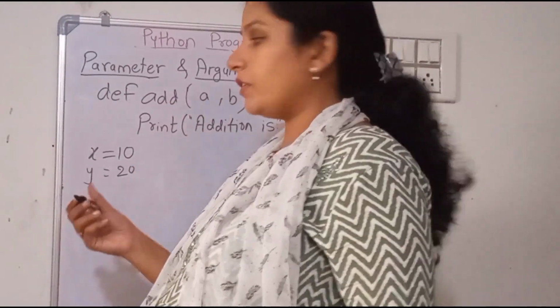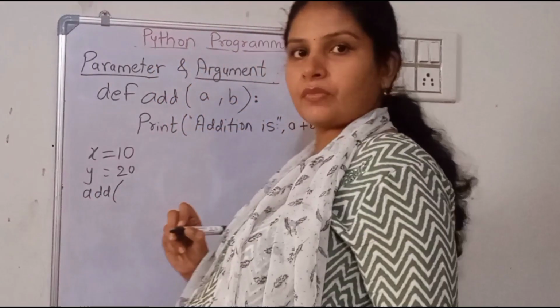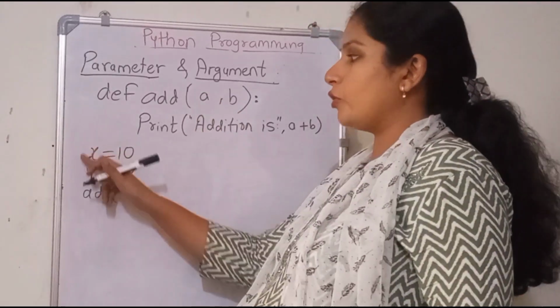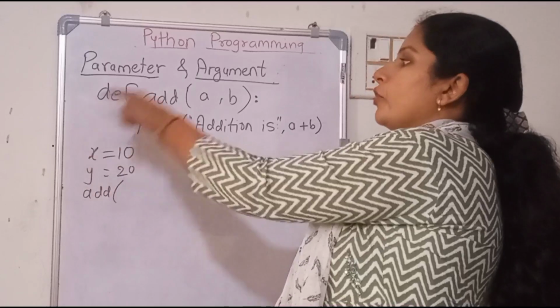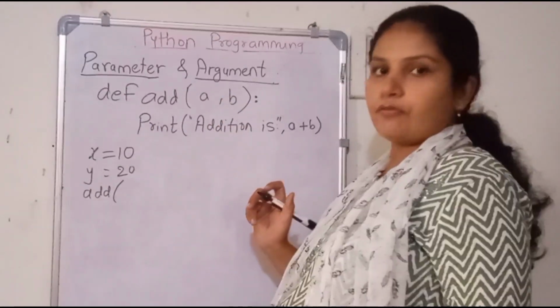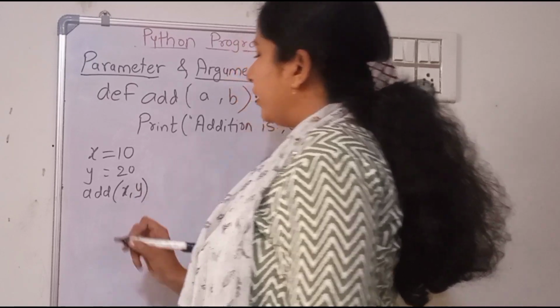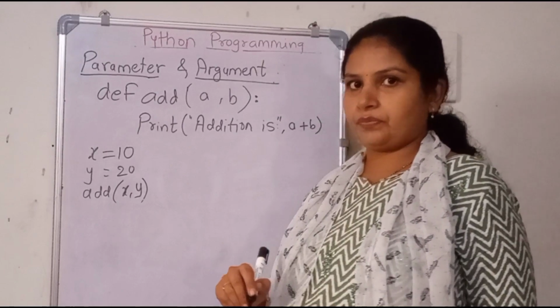How to call the function? Your function name add, and just pass the values, because you have two values here and you are passing these two values to the add function. So here you are passing x and y. So this is calling the function, right?